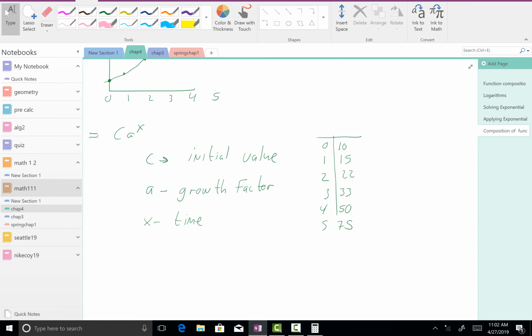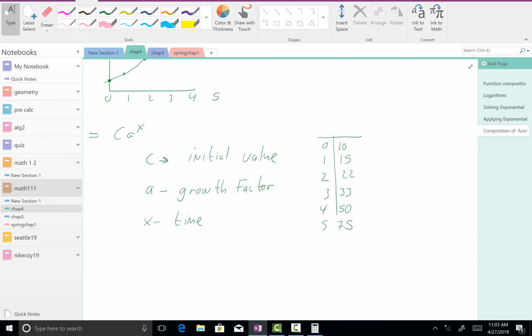Okay, it's not growing consistently, at a nice pattern like a linear does, and there's no real pattern like a doubling or a tripling. But if we were to divide these numbers, so if I took 15 and divided by 10, we get 1.5.